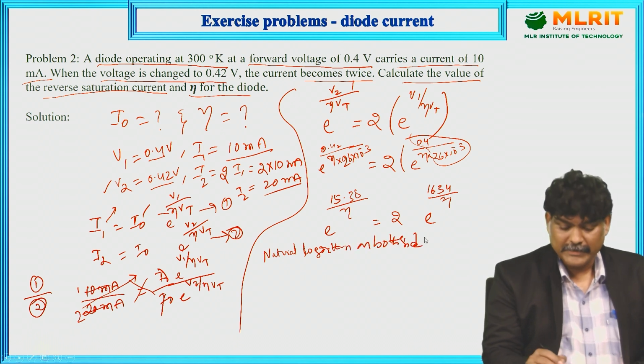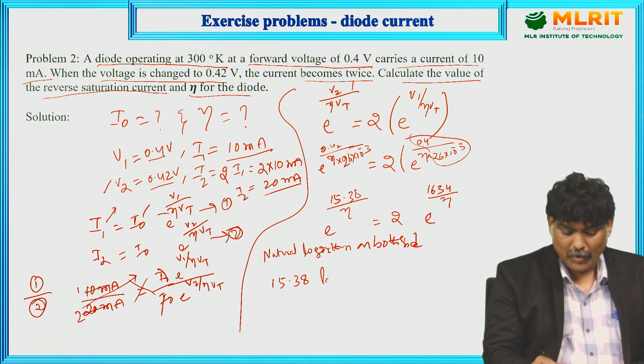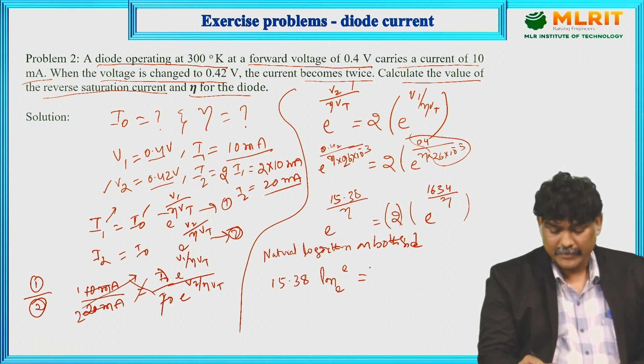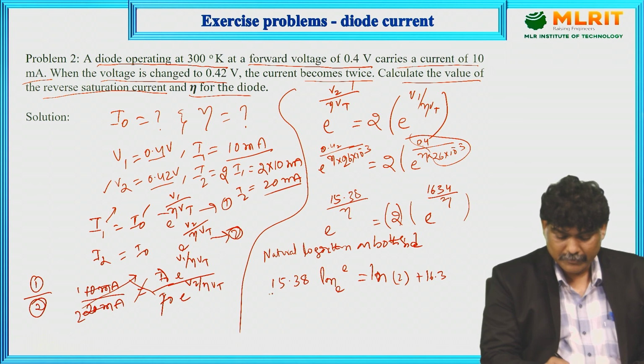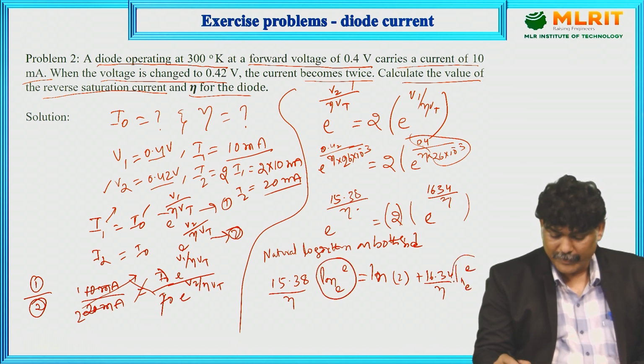In such case, if you apply natural logarithm, it becomes 15.38 ln e to the power, and this is log m and log n, log m plus n. So this can be written as ln 2 plus 16.34 by eta, e to the power, so ln e to the base e. So this value is 1, ln e to the base e is 1.